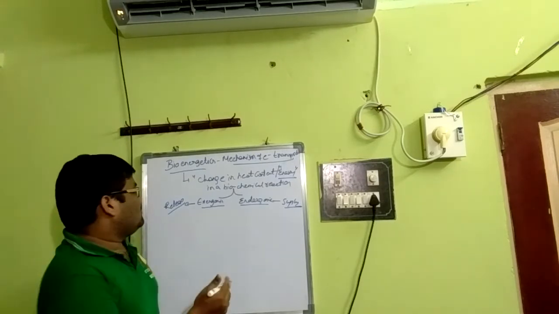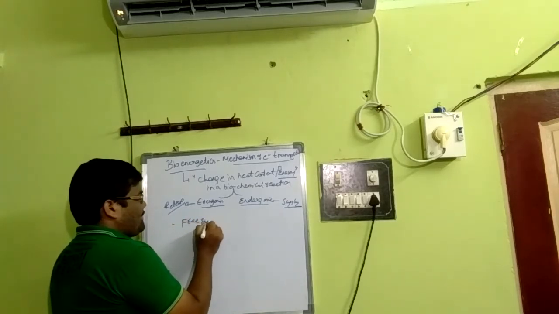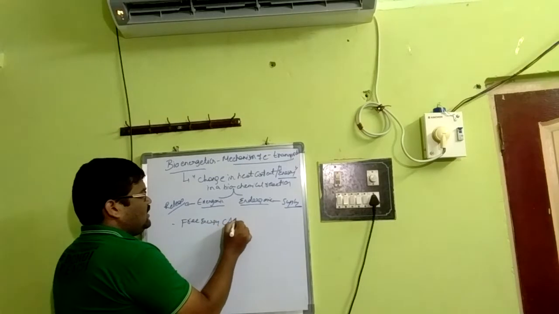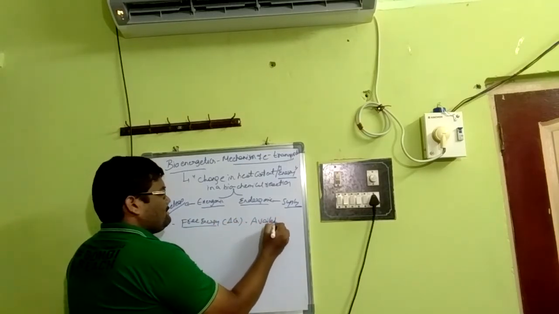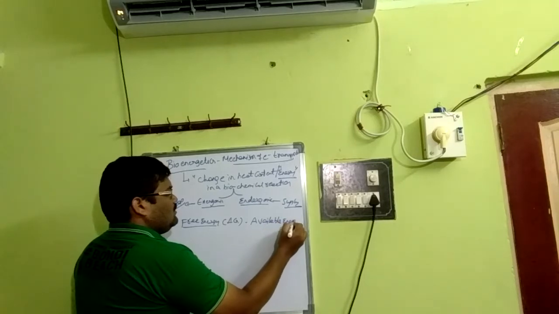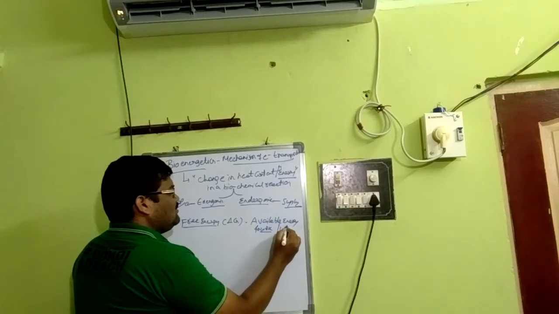And one more important word we have to know is free energy, simply delta G. It's available energy for work, or utilizable energy.